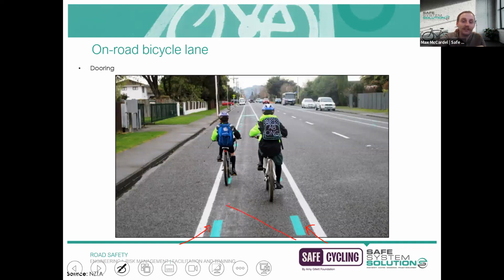So rather than fill in this entire area green, Hastings, the council over there, decided to try these little stripes. An evaluation has not been done as far as I'm aware. I wouldn't expect this is overly effective though, because it may be missed. But anyway, just wanted to show you some examples of what has been trialed in that space.